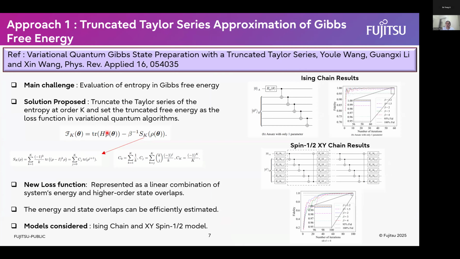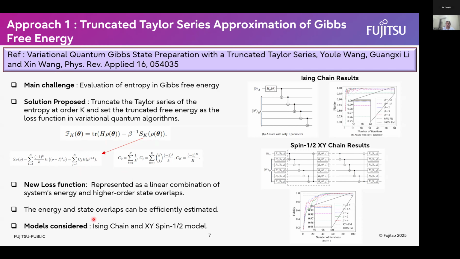Rather than evaluating the exact entropy of the system, we can evaluate a truncated Taylor series of the entropy term. So our new loss function, rather than the exact Gibbs free energy, will now consist of the energy of the system, or expectation value of the Hamiltonian, and the truncated Taylor series of the entropy, which consists of the state overlaps, the higher order state overlaps.